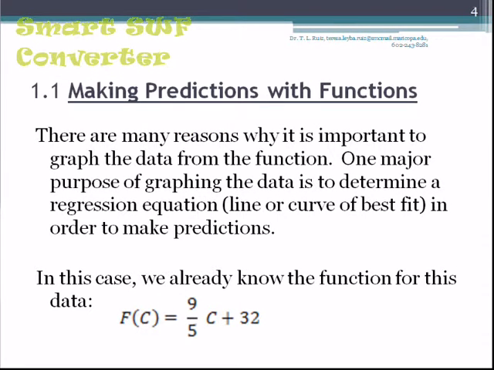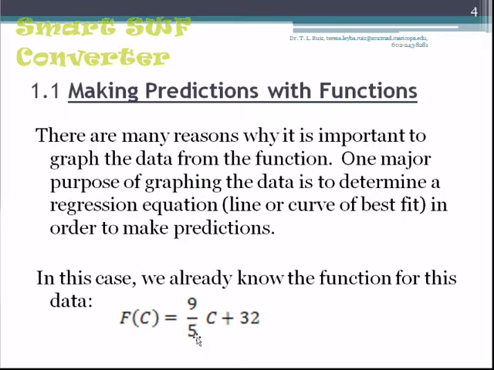Making predictions with functions. There are many reasons why it is important to graph the data from the function, but one major purpose of graphing the data is to determine a regression equation, also known as a line or curve of best fit, in order to make predictions. In this case, we already know the function for this data.